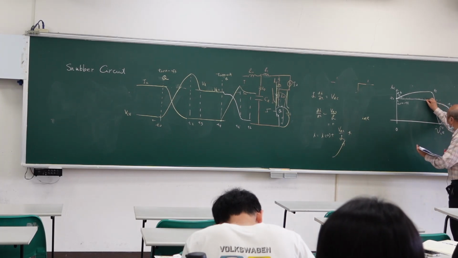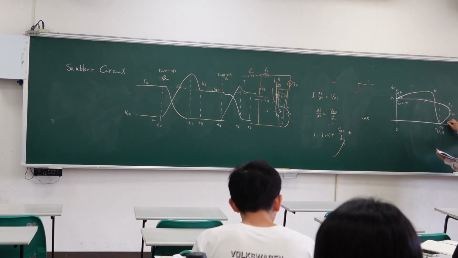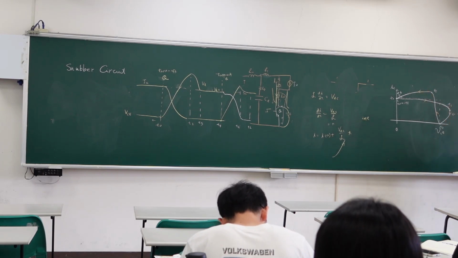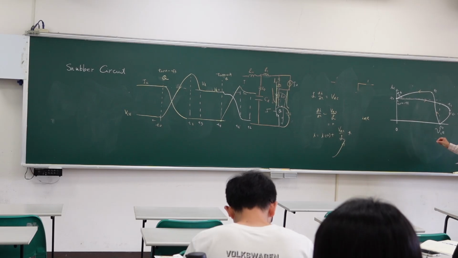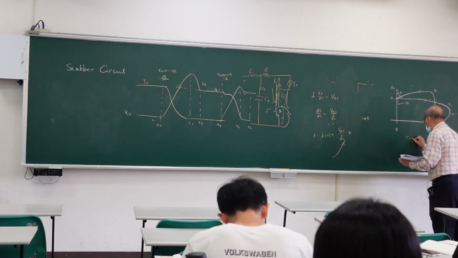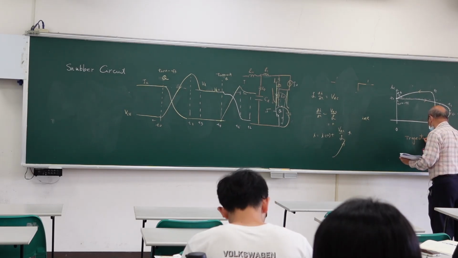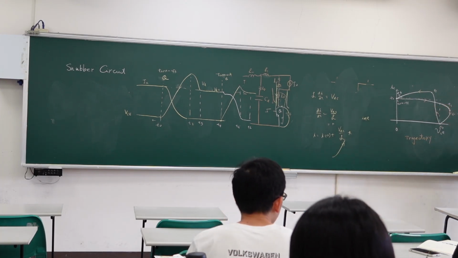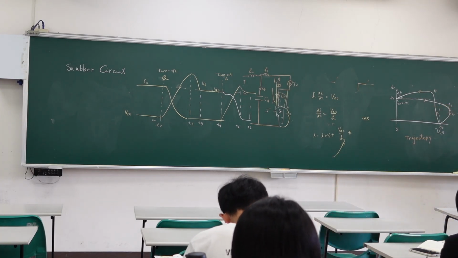The curve goes this way, this way, this way, this way. So we can see this is the trajectory of turn on and turn off.